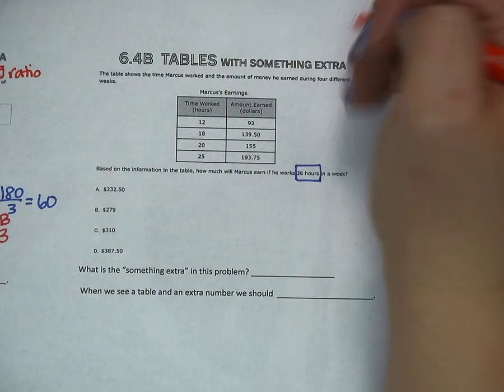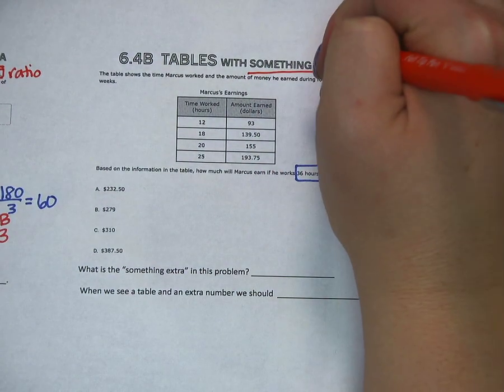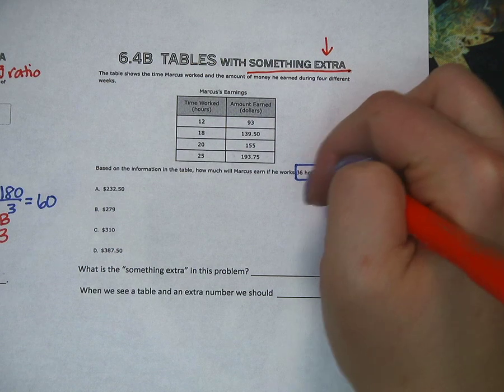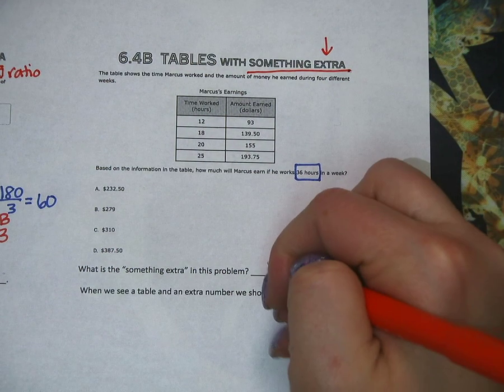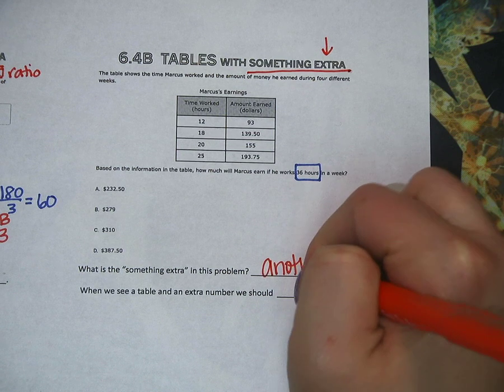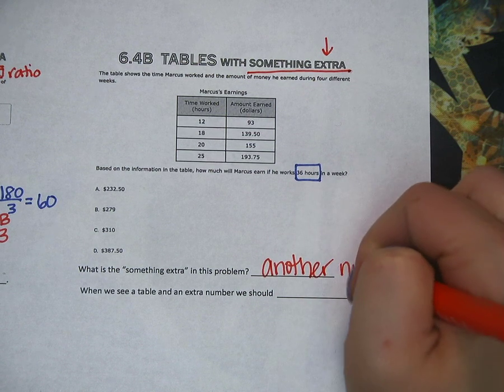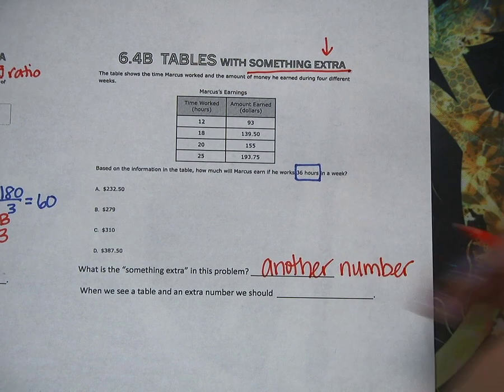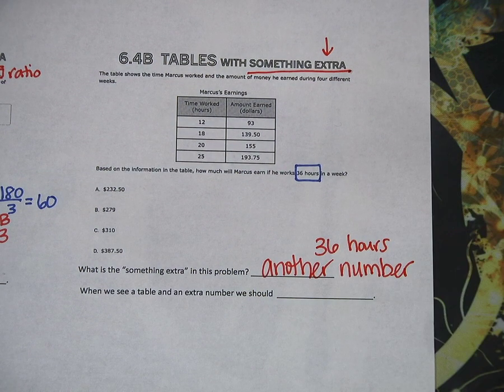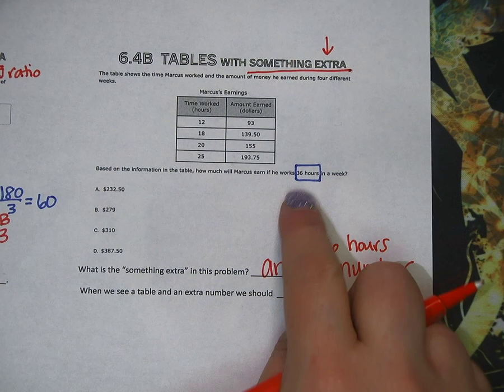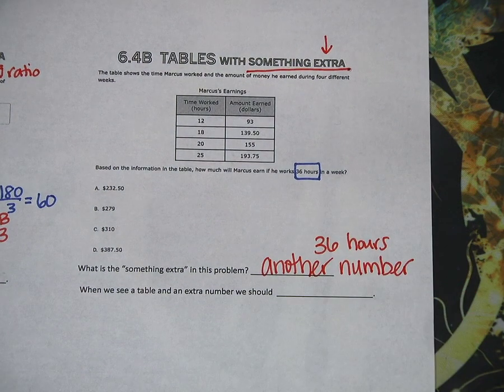So again, the something extra that goes with this table is going to be an extra number. So what is the something extra? It is just another number. In this case, 36 hours, which means we're definitely going to use 36 hours to solve this problem.